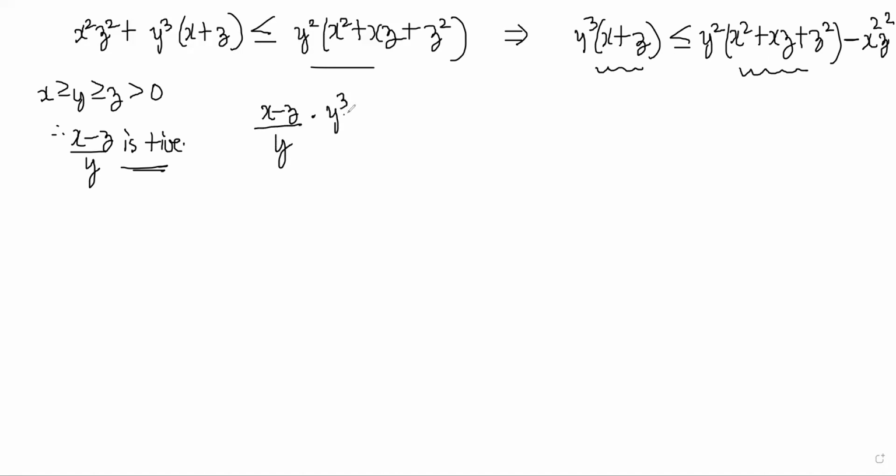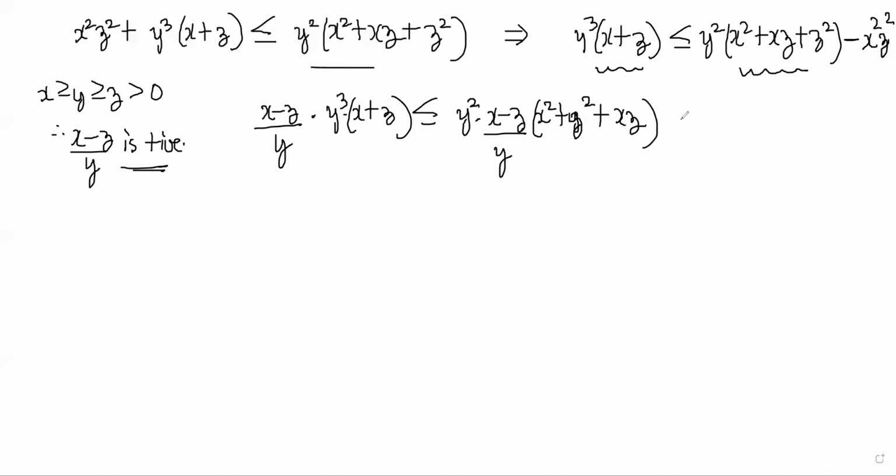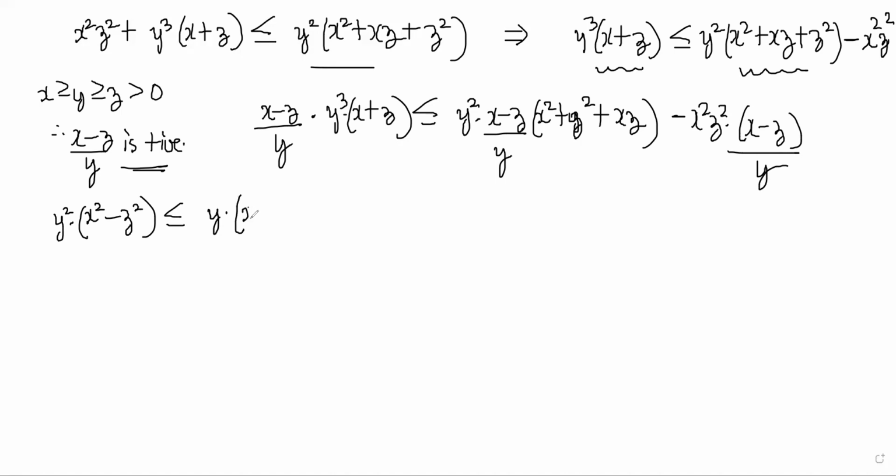So multiplied by y cube (x plus z) is less than or equal to y square into (x minus z) by y multiplied by (x square plus z square plus xz) minus x square z square multiplied by (x minus z) by y. Right, let's see what happens here. Y cancels once, it becomes y square (x square minus z square) is less than or equal to y times (x cube minus z cube).